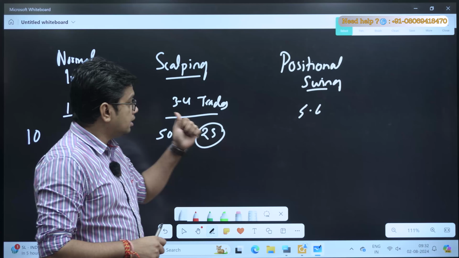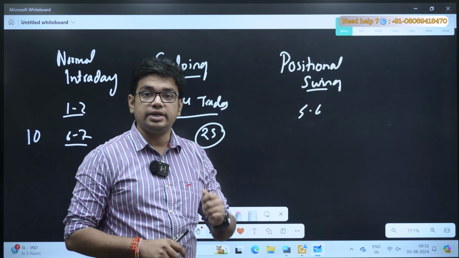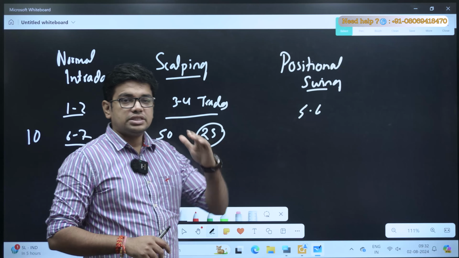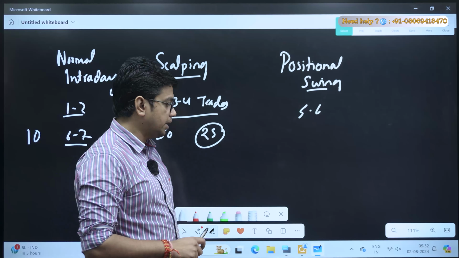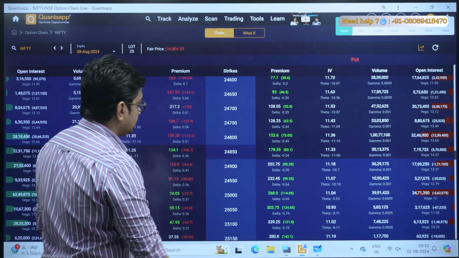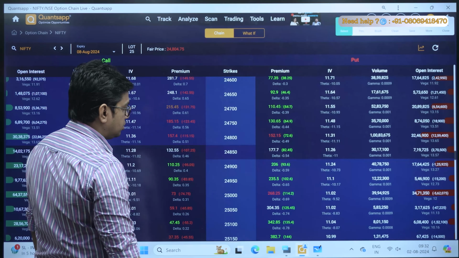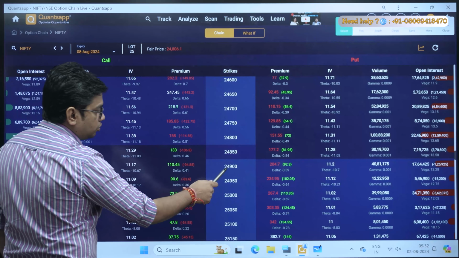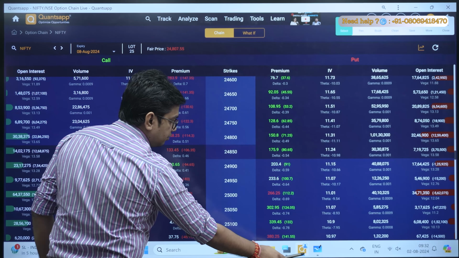But scalping traders, since they are taking huge quantities, will go slightly above the ATM level. It means if I am going to buy the call option at 24850, I'll go for 24900 or 24950.